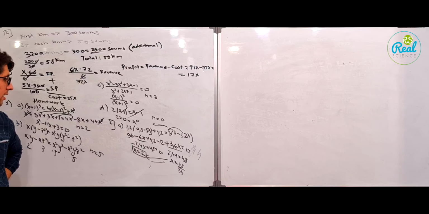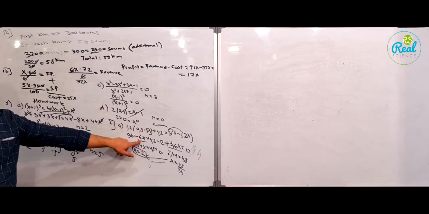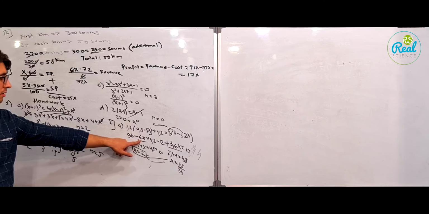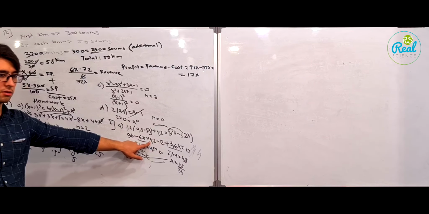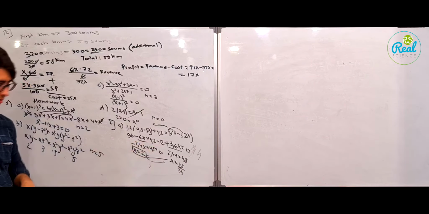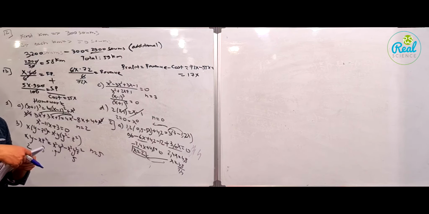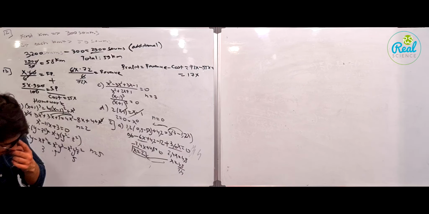Where did we make a mistake there? Can you check it? 12. Is that 7? No. 12 minus 3. Okay. Is that 4.2? Yes, it is. So there is a mistake there. Let's find that.